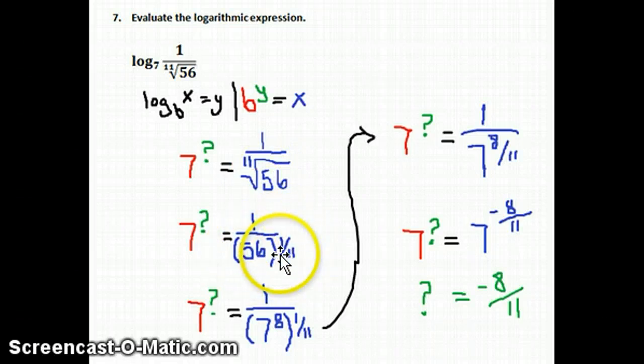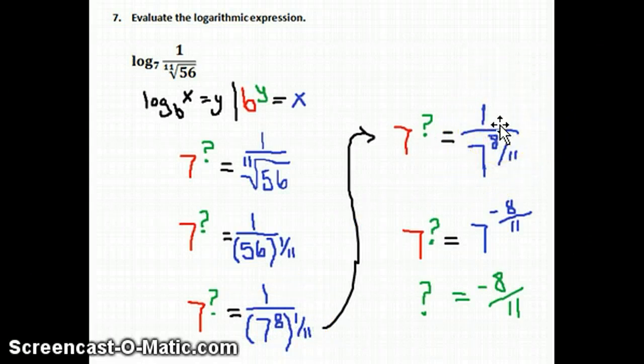And then from there, we take 56 and put it into a multiple of 7. So 7 to the 8th power, which is the same as 56. And then you distribute it over here. So 8 times 1 over 11, so 7 to the 8th over 11th power.